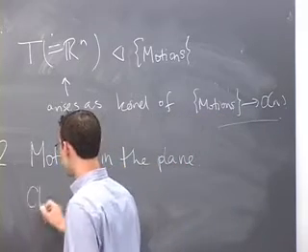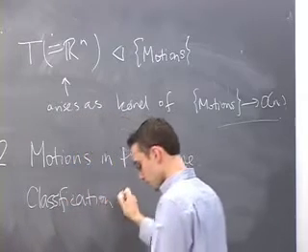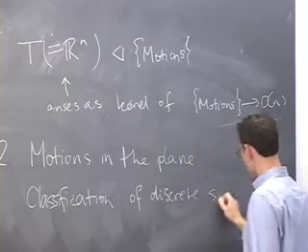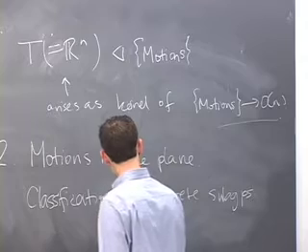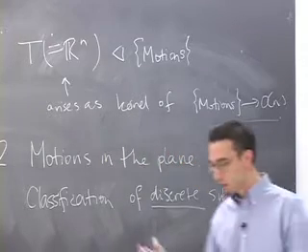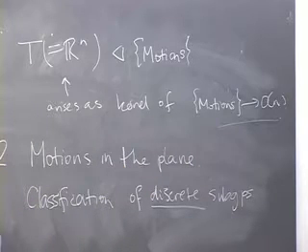And ultimately we classified these things. So remember, discrete means that there is a minimum magnitude to the angle of any rotation in the subgroup and to the magnitude of a translation in the subgroup.